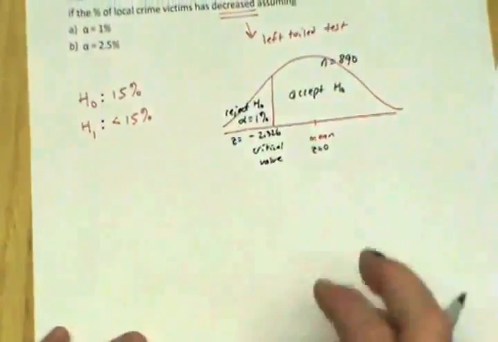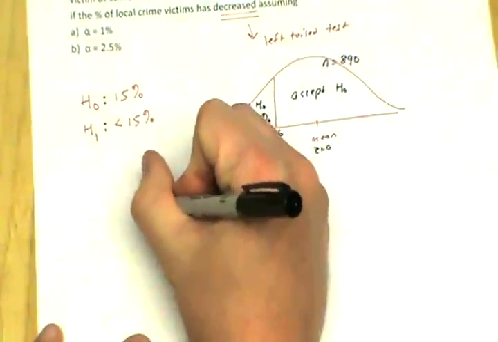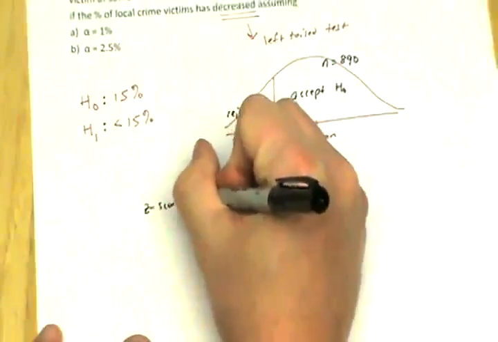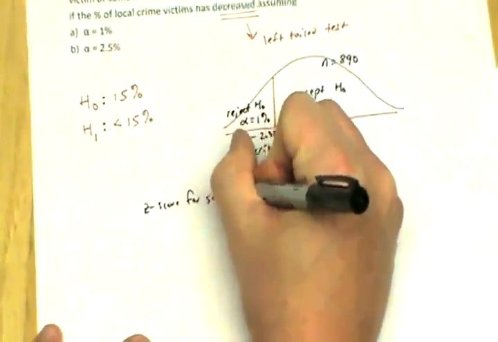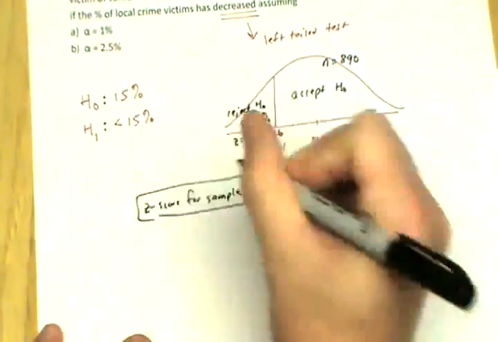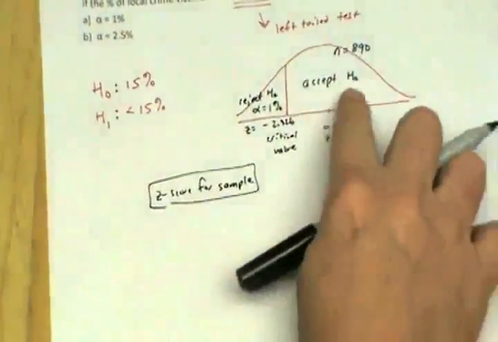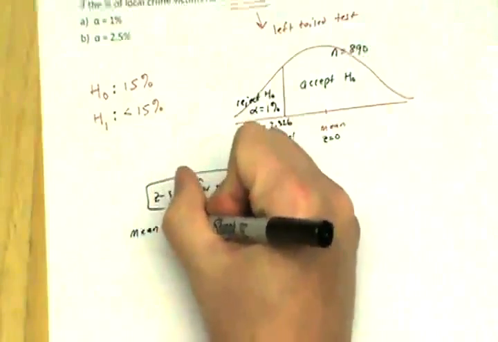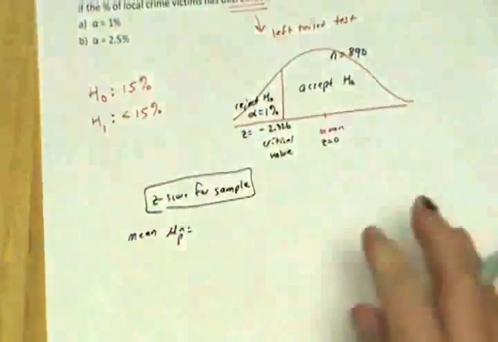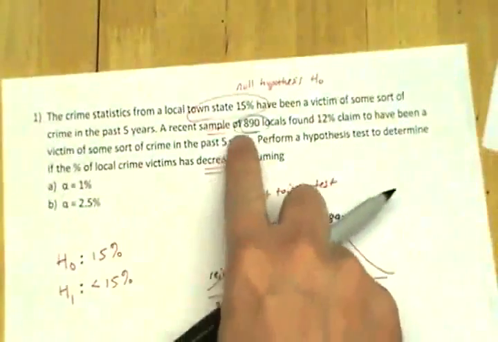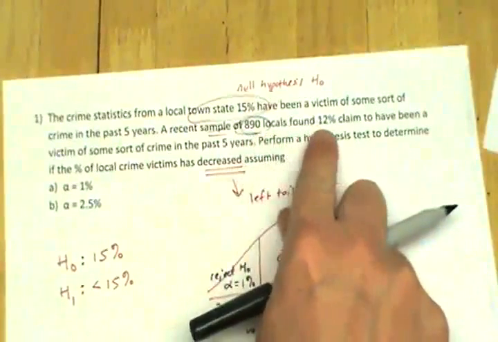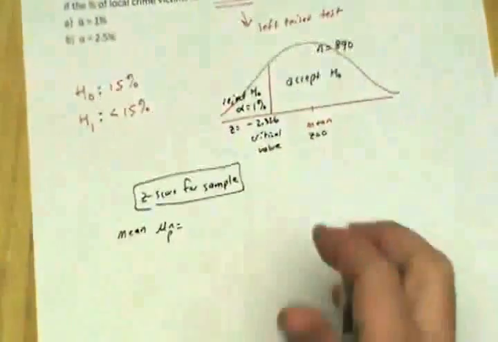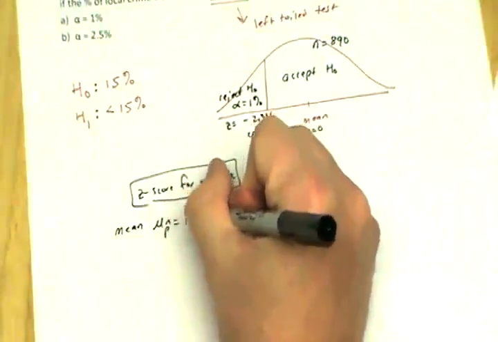So now what we have to do is actually conduct our sample. We need to find the z-score for the sample, and based on where that z-score lands, we'll either accept H0 or reject H0. So we have a mean. Now this is a percentage question, so mu sub p-hat. Where it says in the question, a recent sample of 890 local adults found 12%. So that's our mean, so we're going to write down 12%.